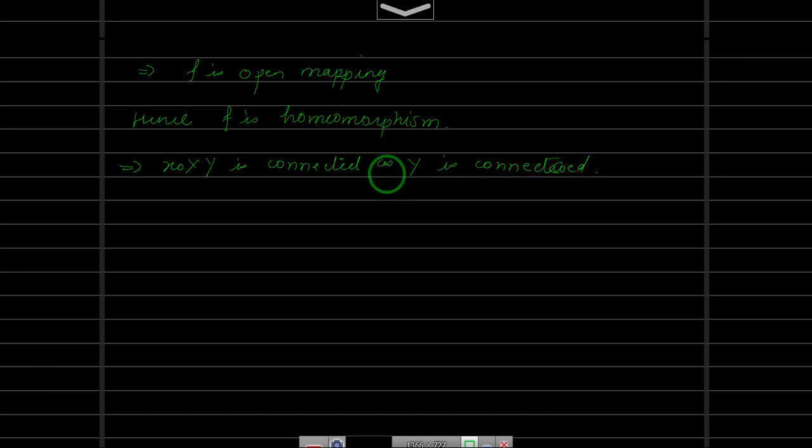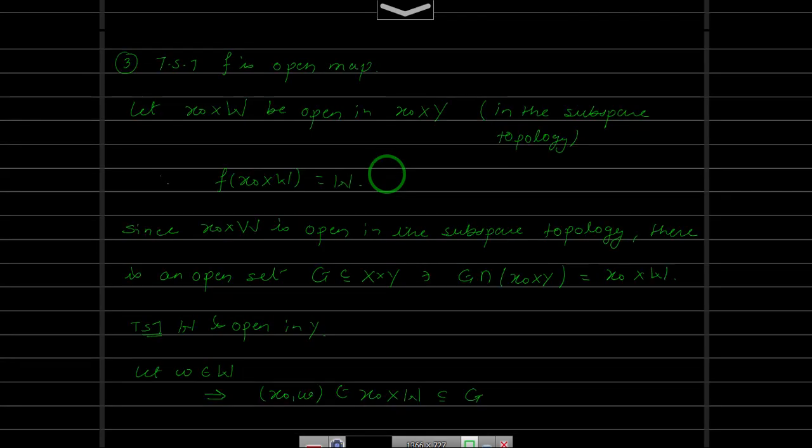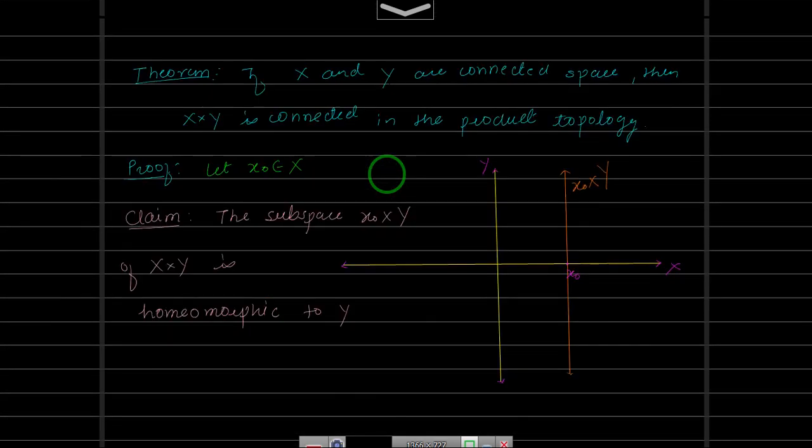There is nothing special in this X naught. If you take any point anywhere in X, and you take a straight line parallel to the y-axis which passes through X naught, that line is connected. And similar arguments: if you take any line parallel to the x-axis, that will be connected. You fix any point in Y, say for example, if you fix a point over here, and take a line which passes through this point parallel to the x-axis, you can show that that line is also connected by using a similar argument.